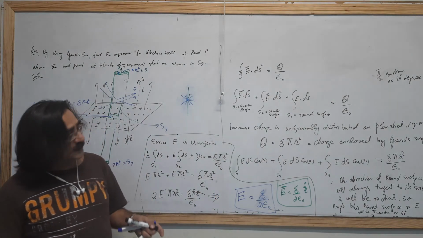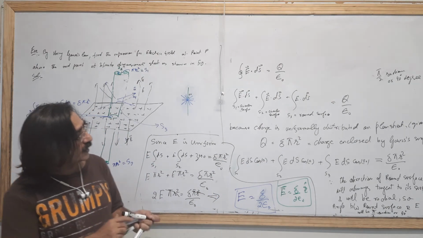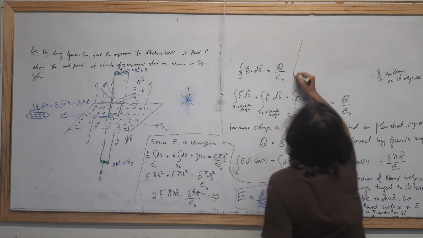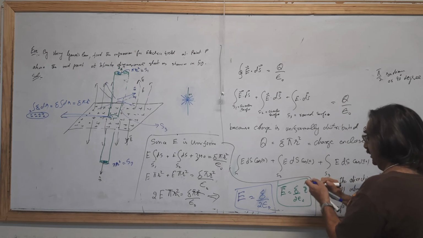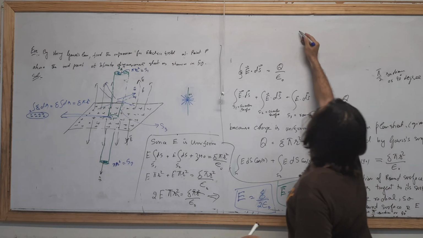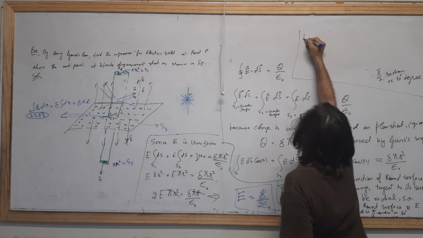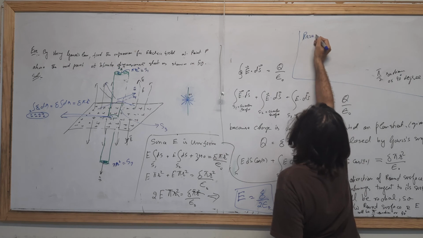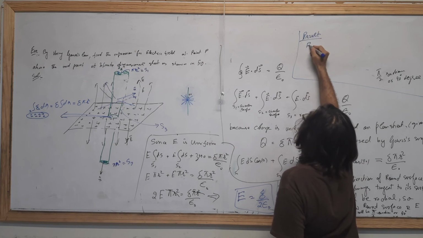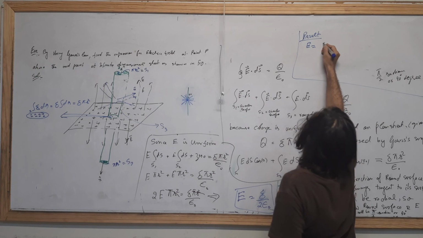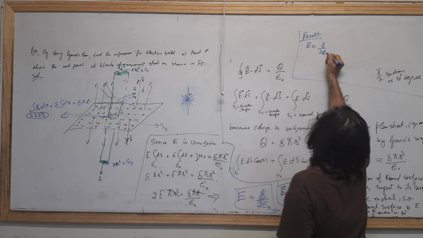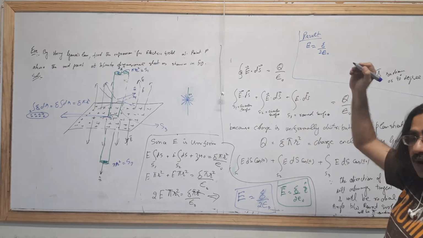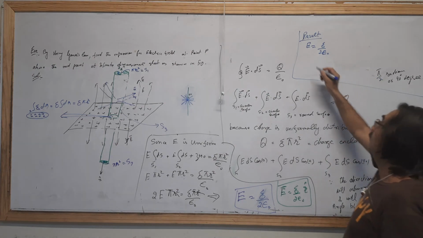So if I want to write and summarize the result: number one, E is equal to sigma over 2 epsilon naught, a constant.